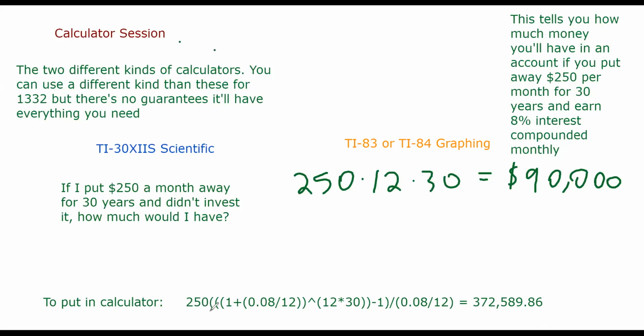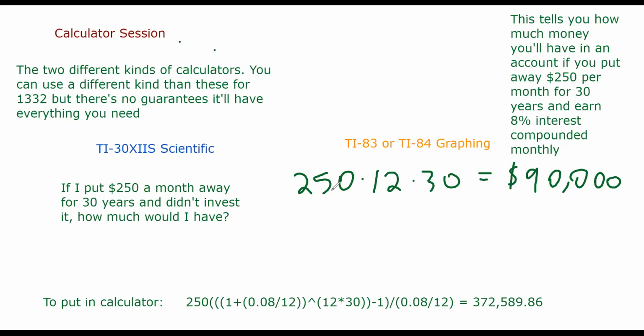In this case, it was the same 250 leaving my pocket every month and going into an account, as over here. I had to do the same amount of sacrificing. But just because I invested it, I end up with over 4 times the amount of money had I not.